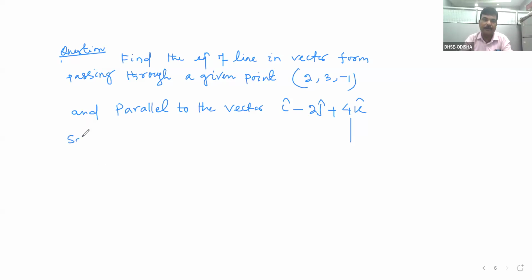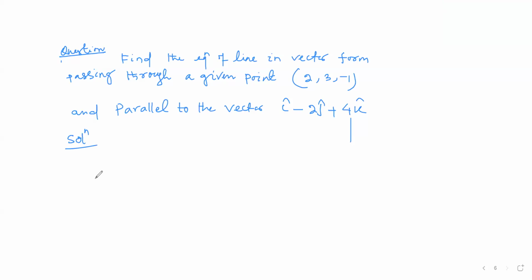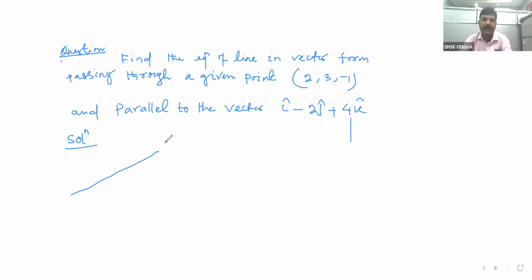To come to the solution. So this is the line L passing through the point 2, 3, -1 and the line L is parallel to the vector I cap - 2j cap + 4k cap.